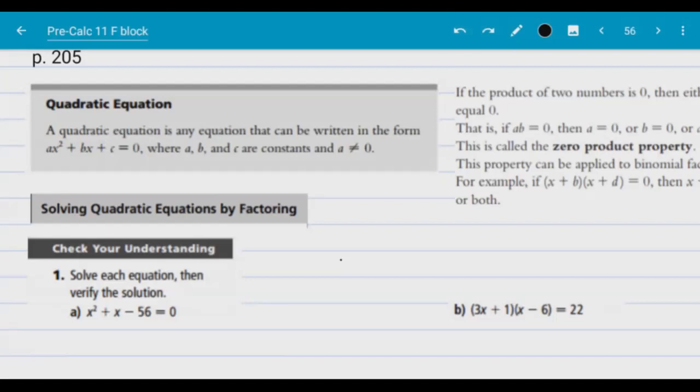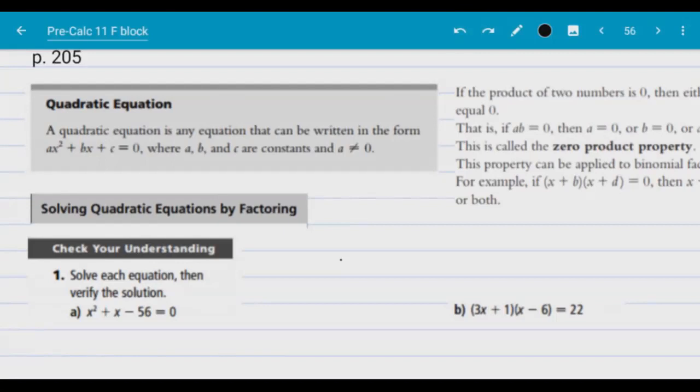Now, how do you solve a quadratic equation? Well, guys, just like what we did with linear equations, we gather the variables to one side and the numbers on the other side. While for quadratic equations, you will have to gather everything on one side and make it equal to 0.